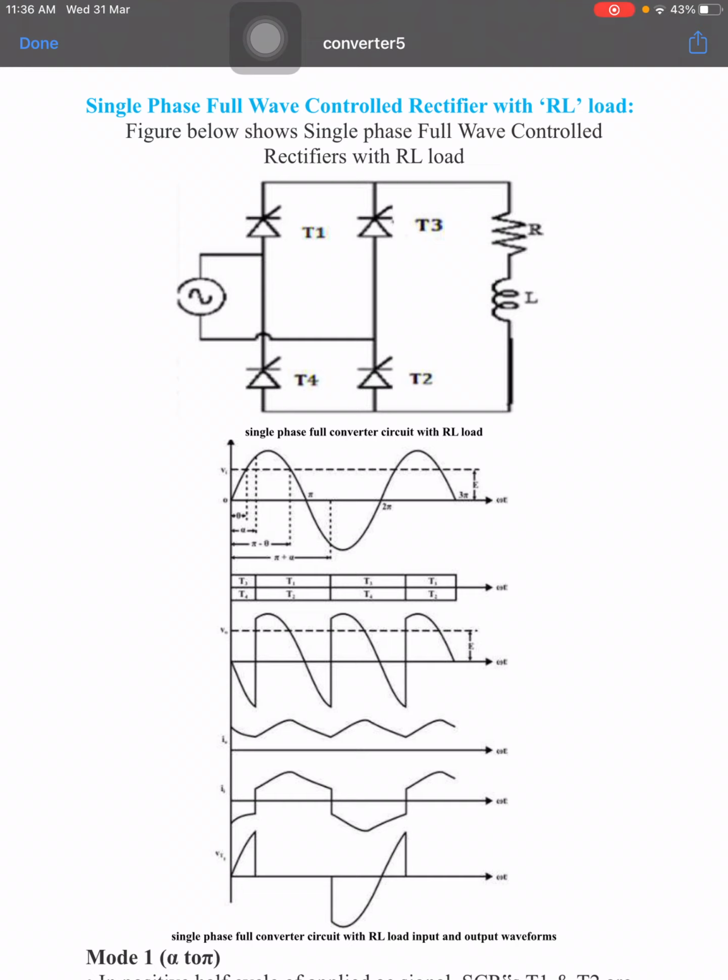If it is an R load, T1, T2 are on from alpha to pi. If it is an RL load, T1, T2 are on from alpha to pi plus alpha. And T3, T4 are on from pi plus alpha to 2 pi. That is what we have to consider, then only we will get the continuous current.